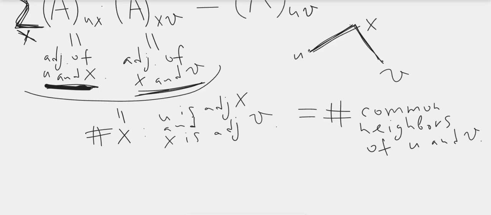So let's say this is X, somewhere here is Y, that is adjacent to both U and V.